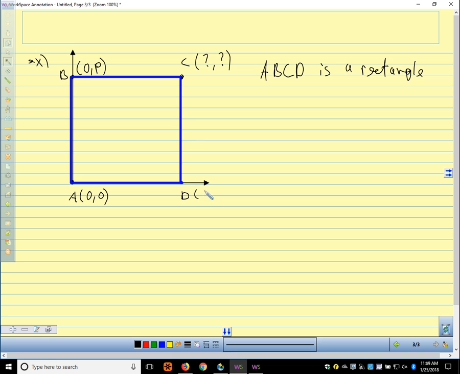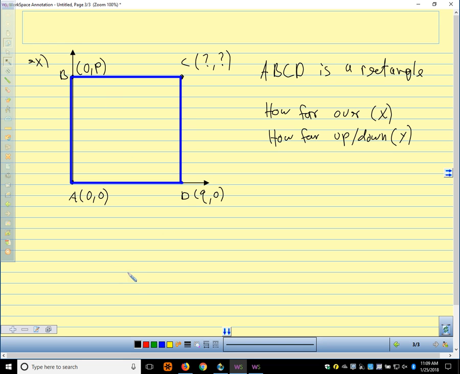And D is at Q, 0. So again, what this is asking us is how far over, that gives us our x, and how far up, or down, that gives us our y.